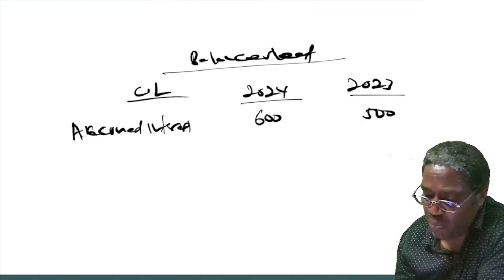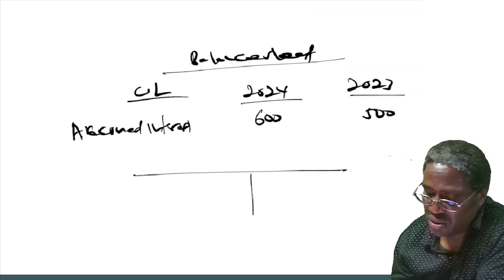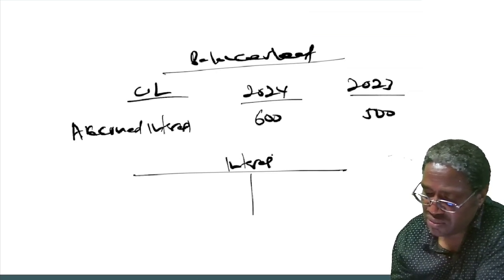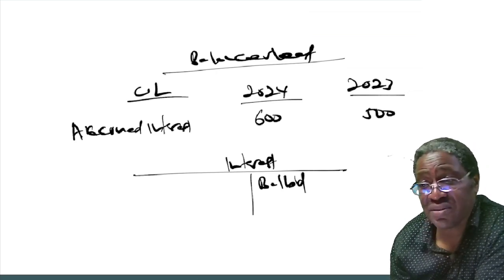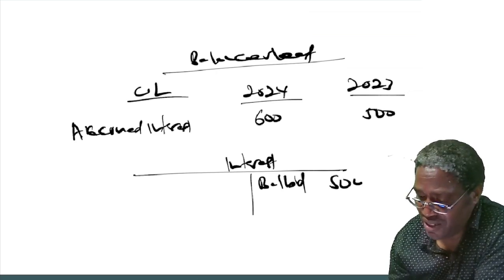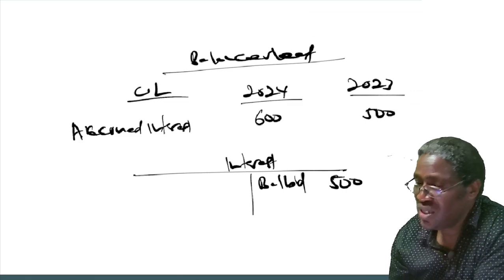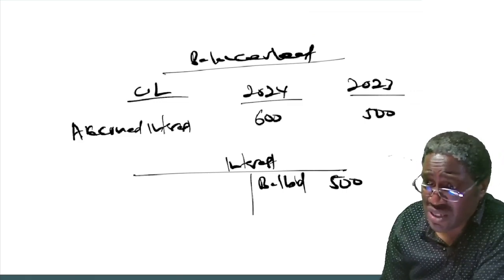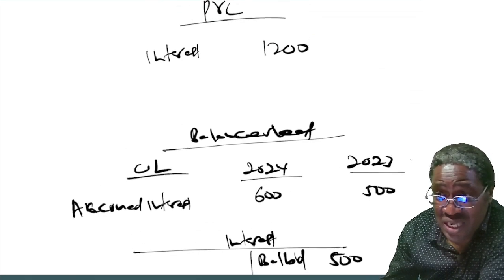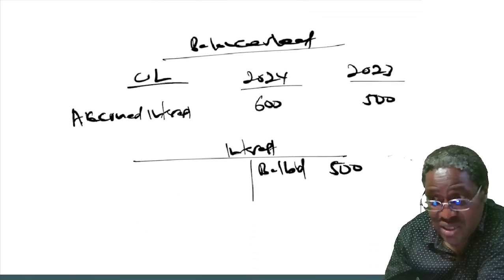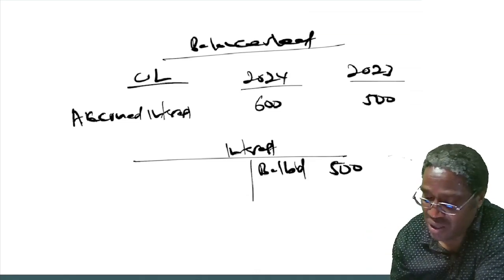You would have opened an account called interest. You would have brought down the balance by the beginning of last year, which is that 500. Then you would have gone to the income statement, pick the charge for the year, which in this case is 1,200. It's normally debited in the P&L account.